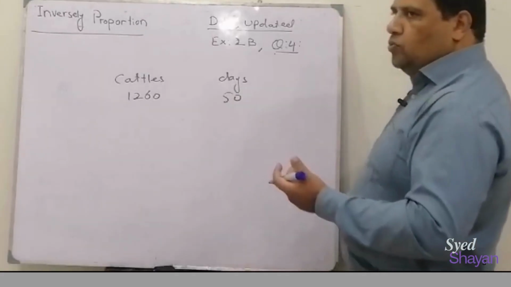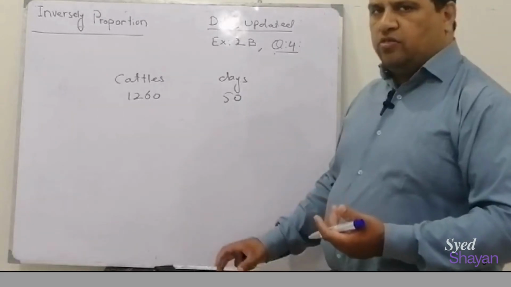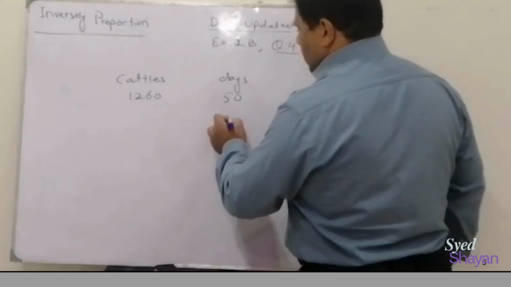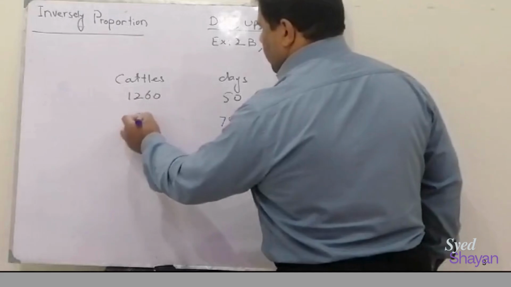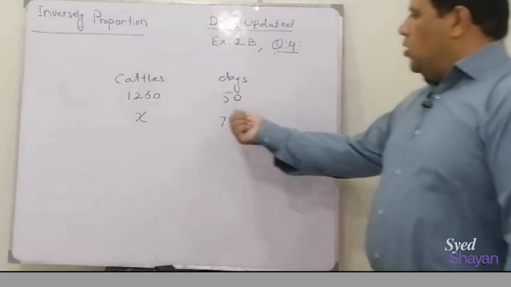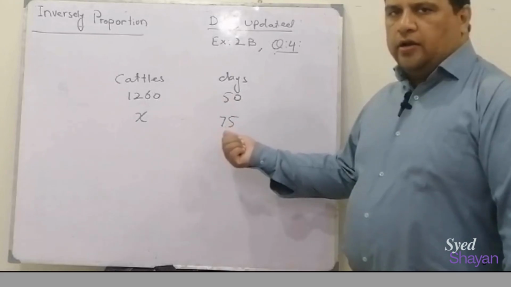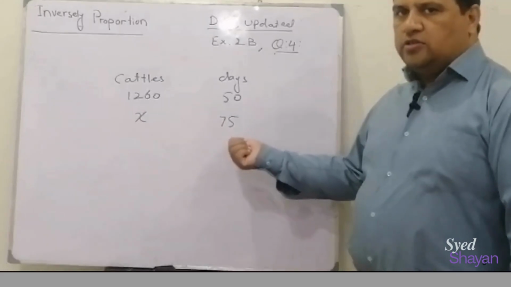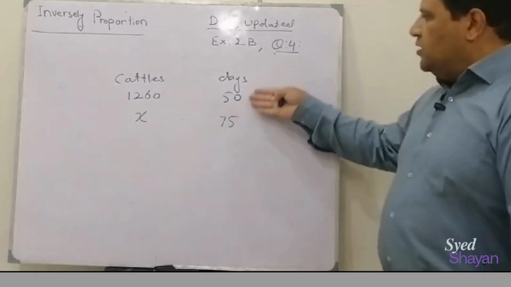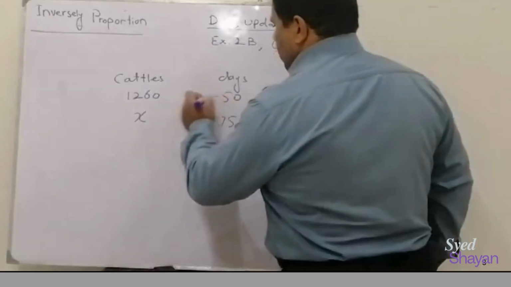If we want to feed the cattle for 75 days from the same quantity, then how many cattle should there be? This is 75 days and we have no idea of the cattle. Obviously if we want to keep the cattle with this quantity for 75 days, we should have fewer cattle. So days are increasing and cattle should be decreasing. So this is inversely proportion.